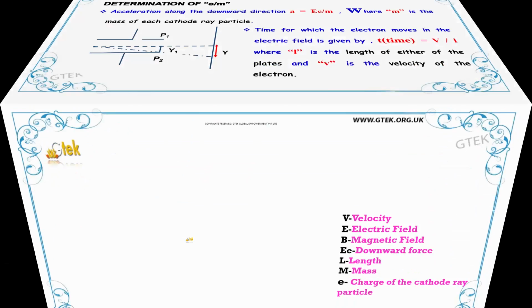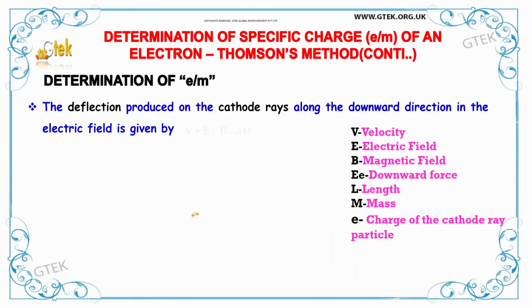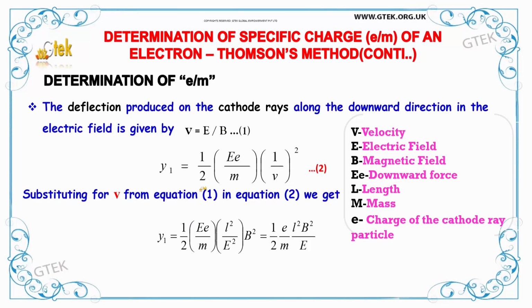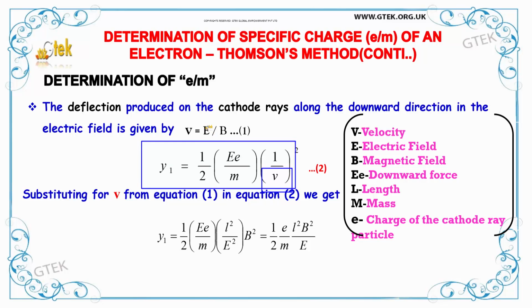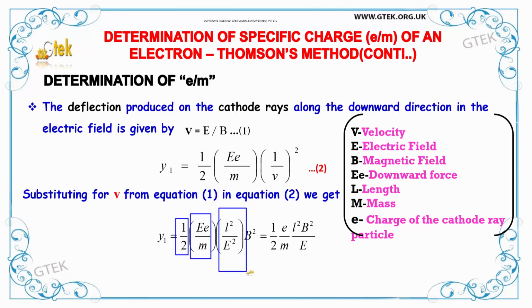So y1 is equal to half Ee divided by m into 1 divided by v whole square, multiplied by L square. Substituting the value of v with E by B, you get half into Ee divided by m, L square B square divided by E square.